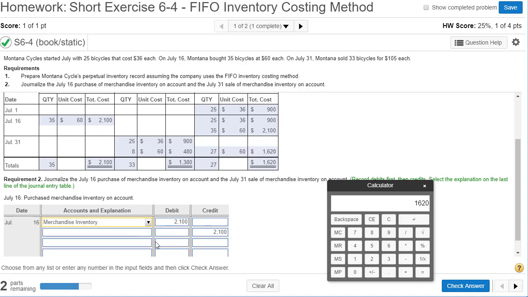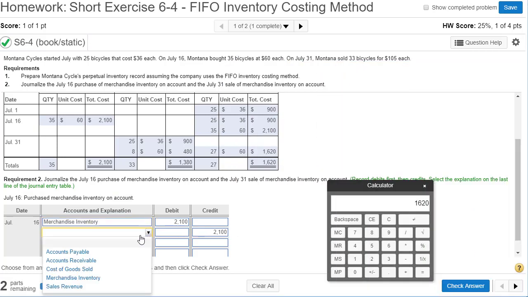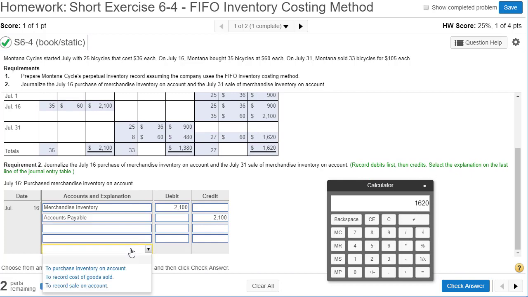Now, do we pay cash for this inventory, or is it on account? It's on account. That means accounts payable is involved, which is a liability. So do we have less liability or more liability? We have more debt, which is liability. So that's why it's going to be the credit. And then we need an explanation. Purchase inventory on account.